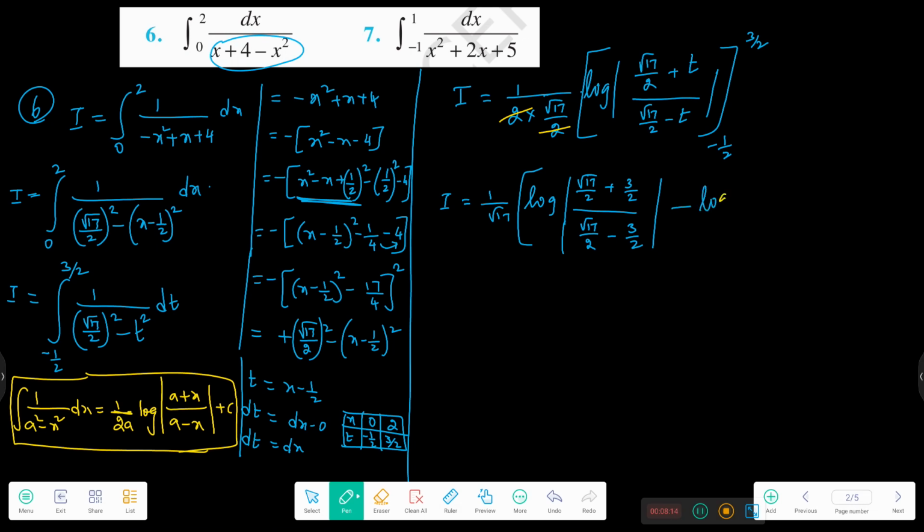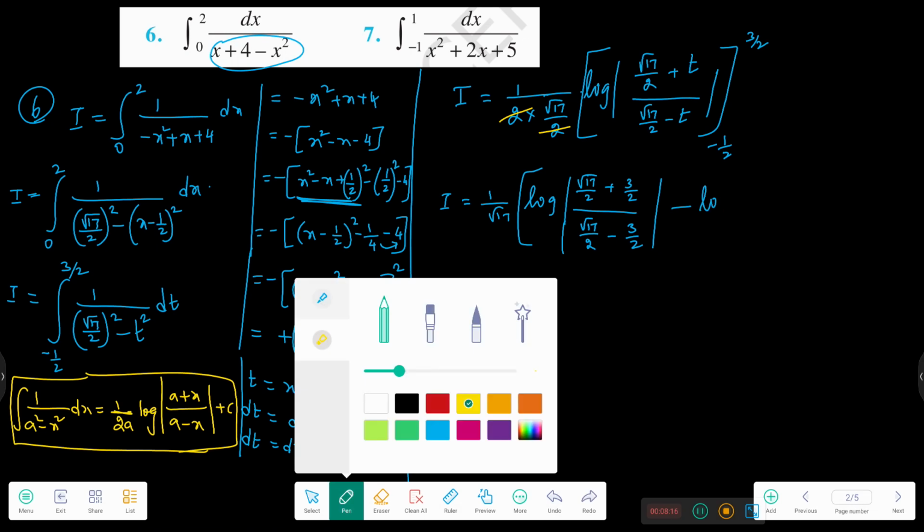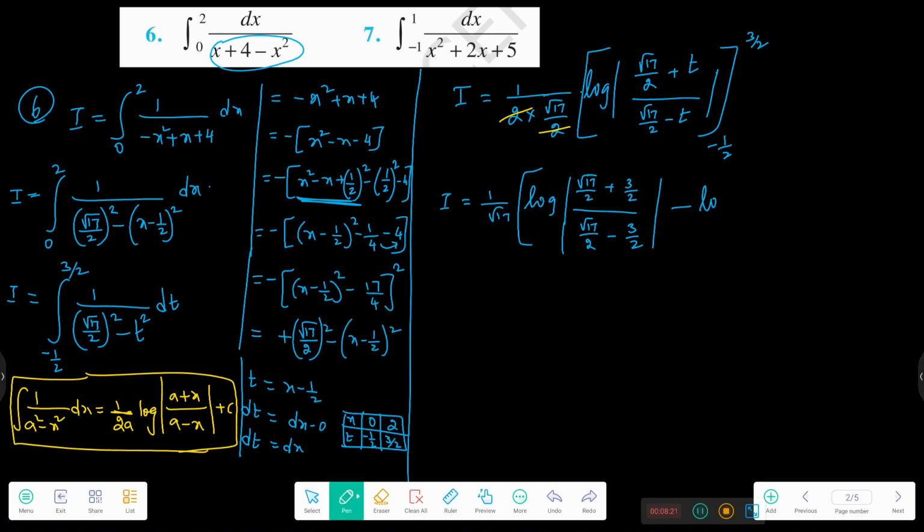So minus log of, what am I getting? Root 17 divided by 2 plus, limit value minus 1 by 2, so minus 1 divided by 2 you will be getting. In the same manner, root 17 divided by 2 minus, there is a minus here, so minus into minus, plus 1 divided by 2 you will be getting. This is the lower limit.